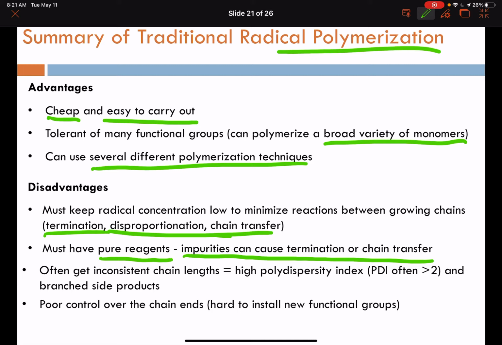And what we see here, by having those termination reactions that cannot be eliminated without additional components added, those termination reactions always occur regardless of what you try.